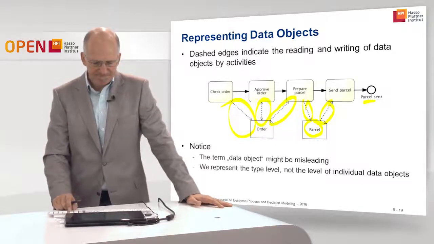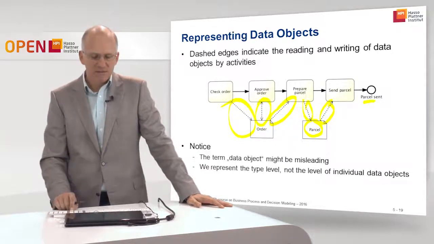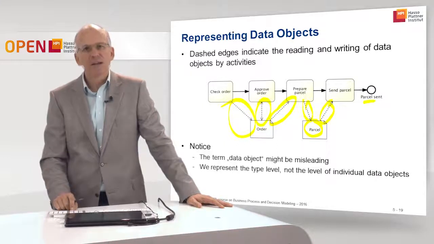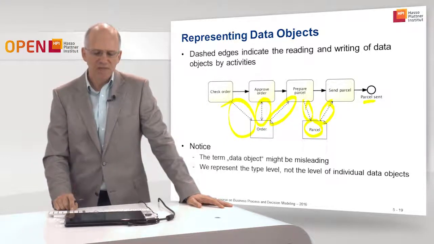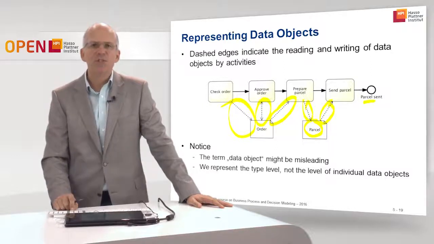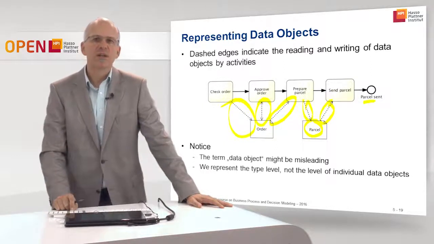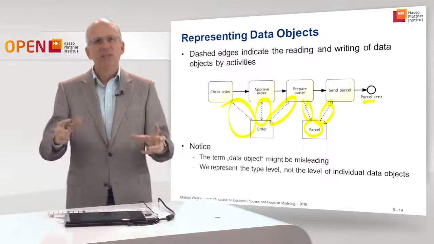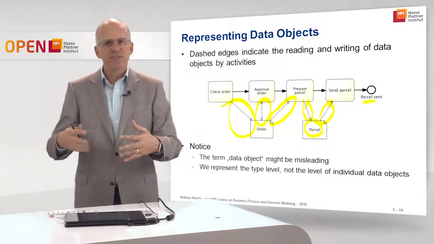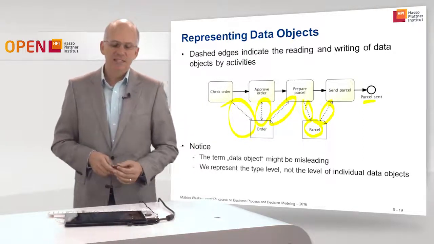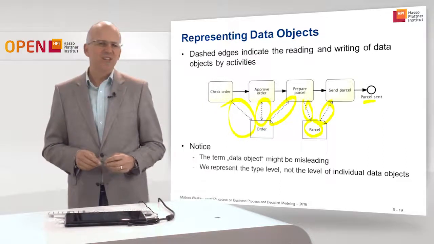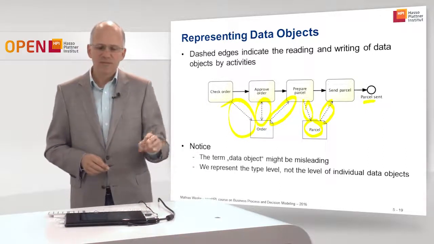And I'd like to expand a little on the term data object. Data object is not really very precise in terms of object orientation, where you typically have a class as a container for objects of the same kind. Here, when we talk about a data object, it's not an individual object, but we are on the type level.